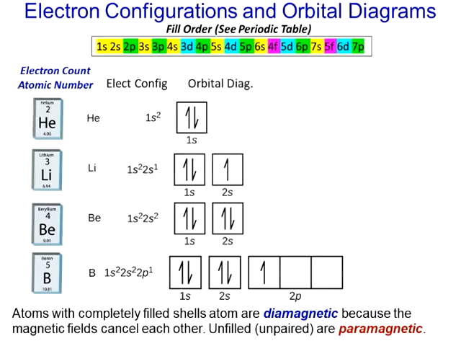Then we have beryllium. 1s2, 2s2 for the electron configuration. And then we have 1 up, 1 down in the 1s, 1 up, 1 down in the 2s. Note again that we do not write the superscripts above the notations in the orbital diagram. The superscripts are only written in the electron configuration, the sentence format. Okay, then we have boron. Boron's 5.